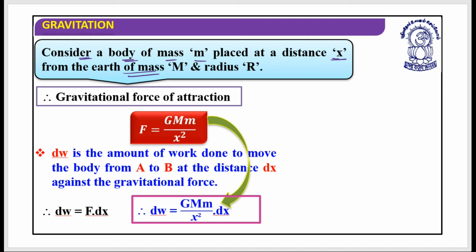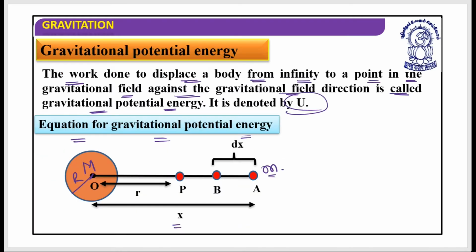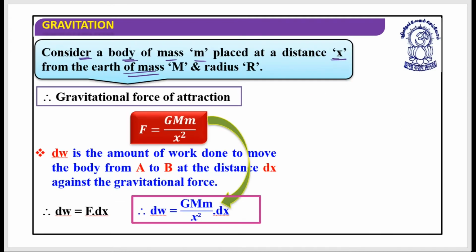So the gravitational force of attraction between them will be F equals this mass multiplied by this mass divided by the square of the distance between these two. F equals GMm by x square.